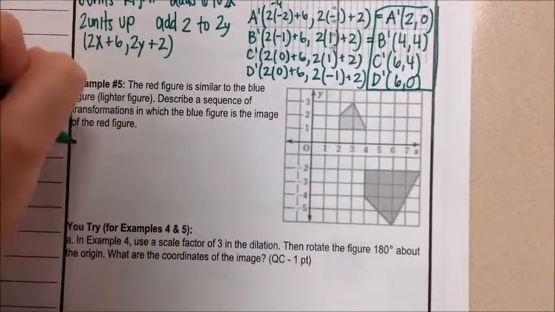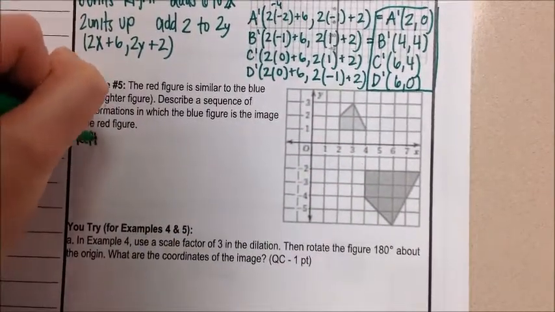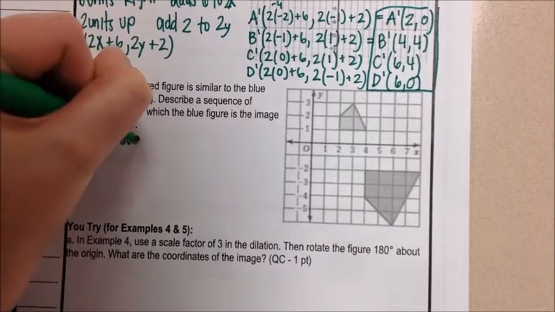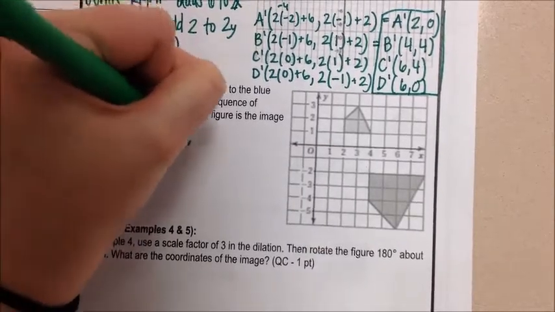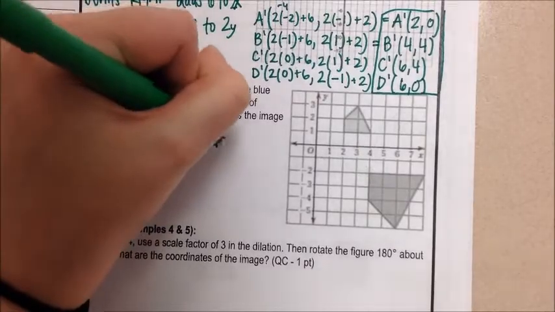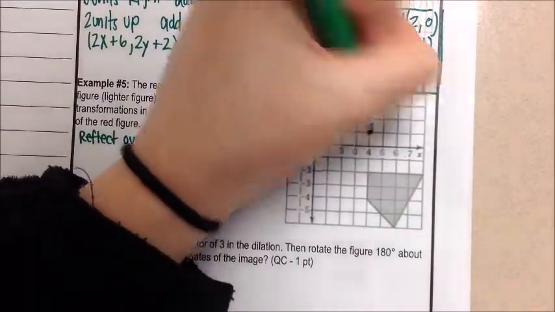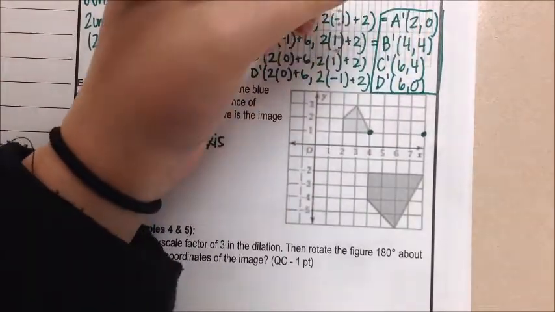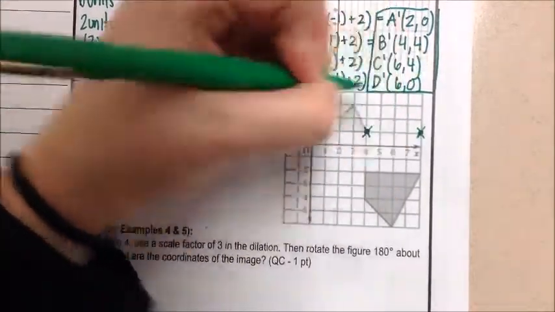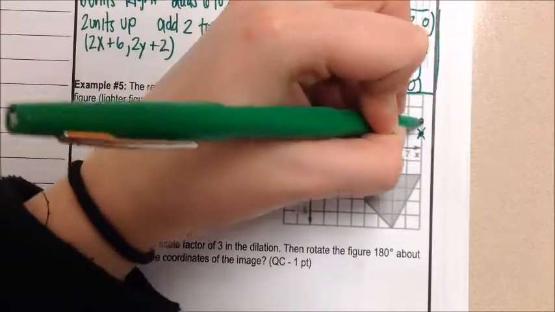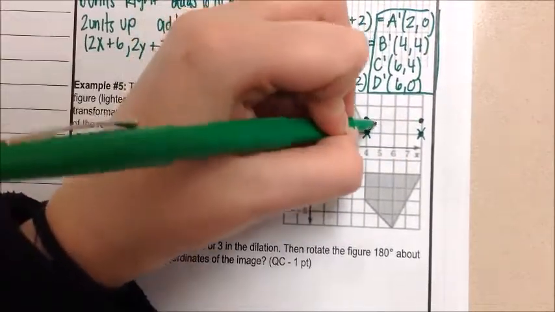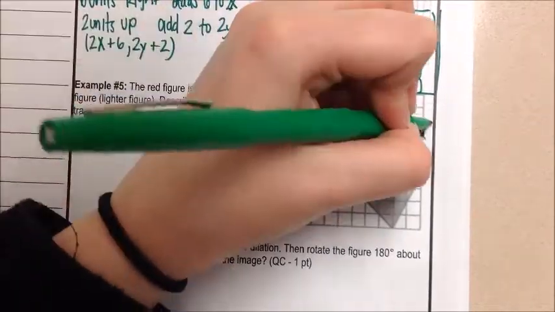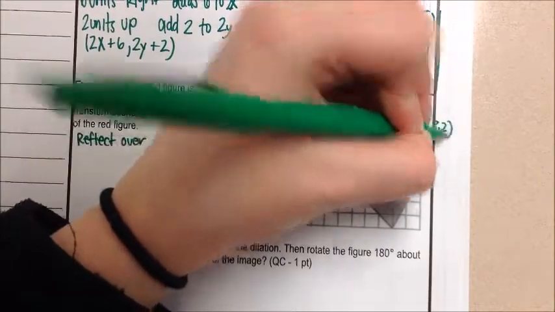Okay, so I'm going to reflect over the x-axis. So now I'm at here and here. Nope, that's not right. I'm here and here. Okay, so this would be 4, 2, and this is 8, 2.